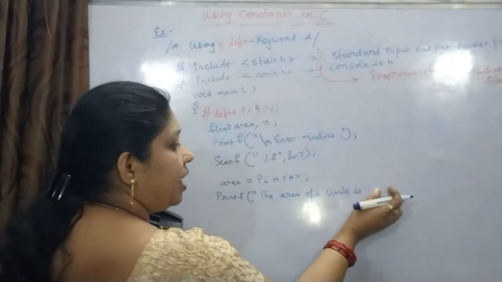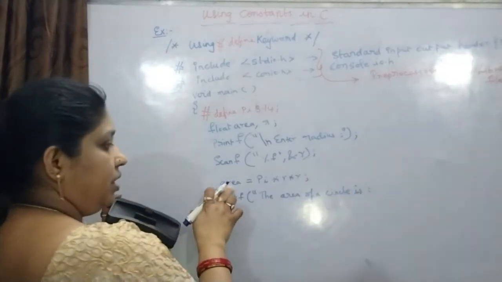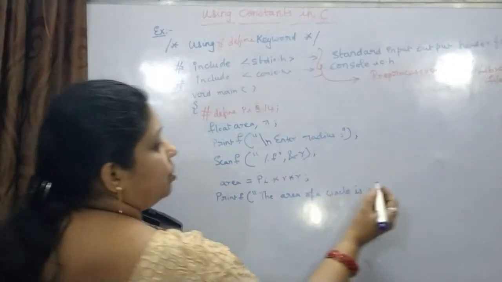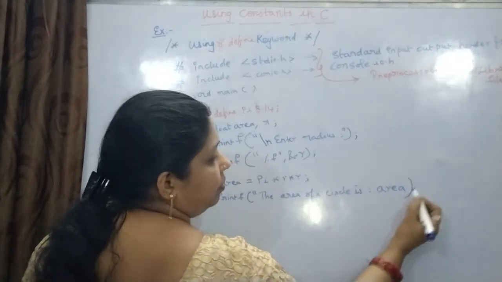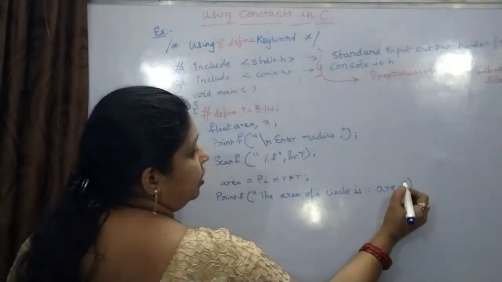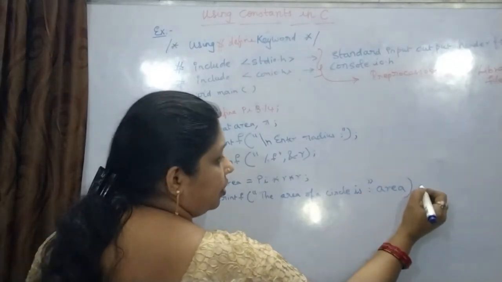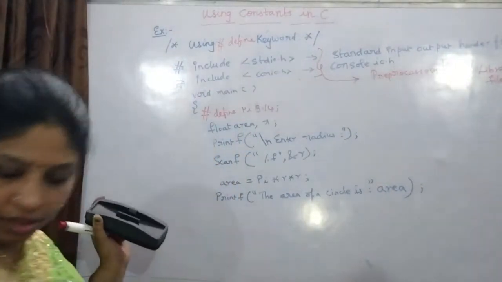You have to print the answer here. So the answer is in area. So this area, okay, close it. This is the syntax. Understood?